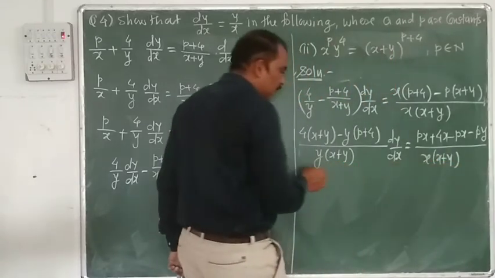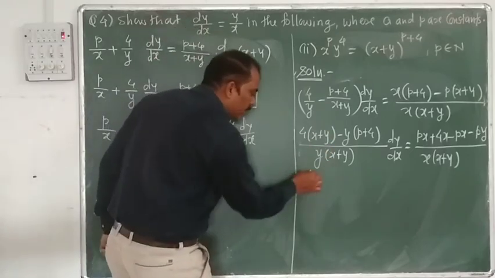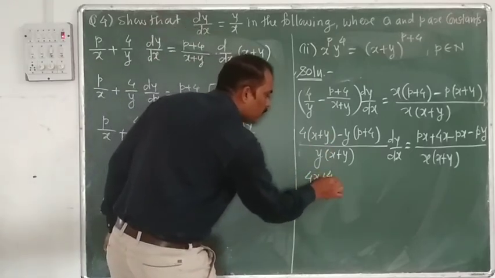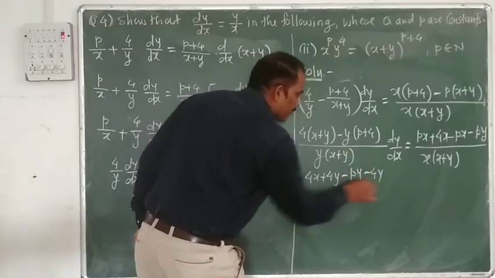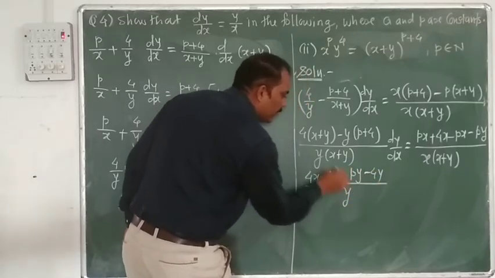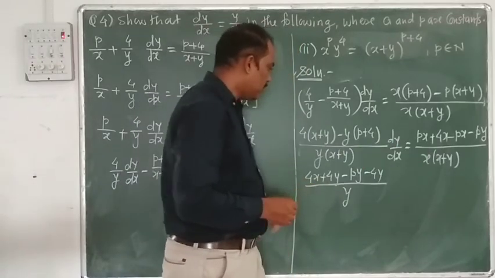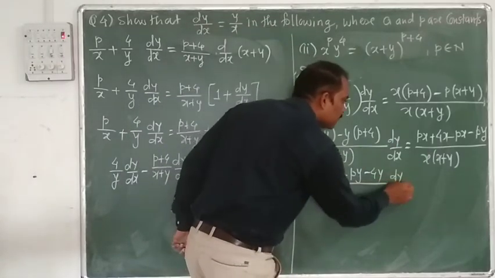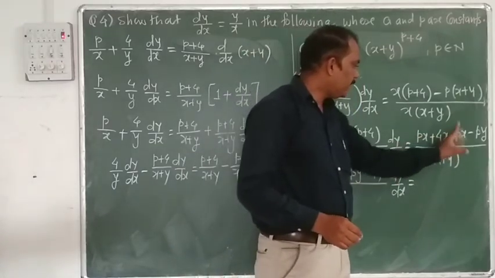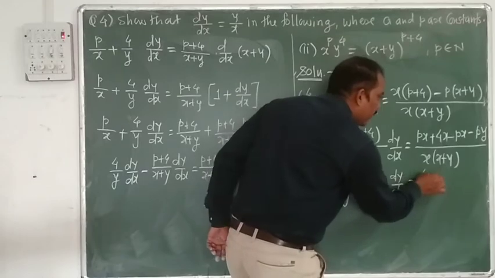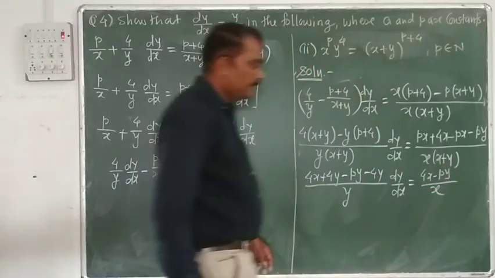This (x plus y) bracket gets cancelled. So here also multiply by 4, that is 4x plus 4y minus py minus 4y divided by y, because the (x plus y) bracket gets cancelled, same on both sides, into dy by dx is equal to, here plus px minus px get cancelled, so remaining 4x minus py divided by x.